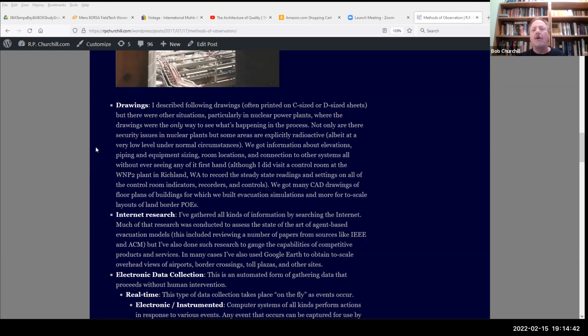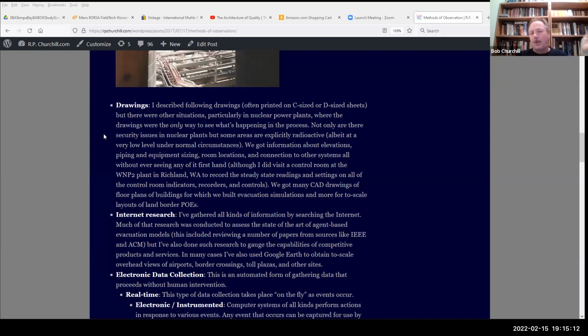Again, there are all kinds of documentation you can look at. Drawings are a big one. One of my companies had a ton of drawings for systems they'd installed, but drawings also come out for individual pieces of equipment to understand their parameters.